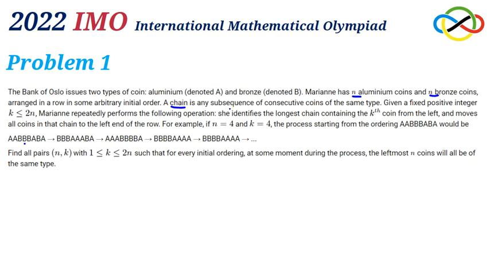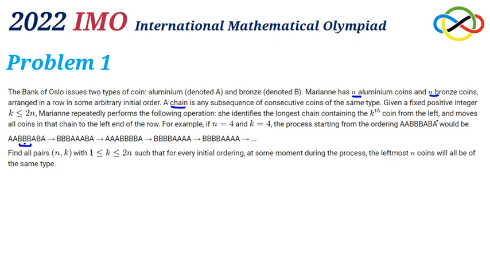The chain was what? A subsequence of consecutive coins of the same type. It says she identifies the longest chain containing the kth coin from the left. So if you consider the fourth coin, because k is 4, the longest chain containing the fourth coin will be this.